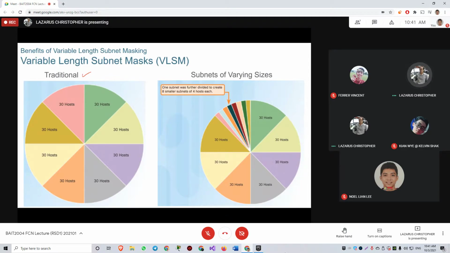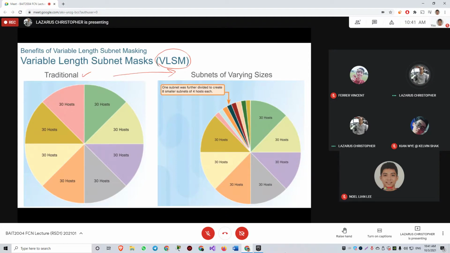So that's why, from traditional subnetting, we learn about varying the number of hosts per subnet. That means the size of the subnet, if we say the size of the subnet is represented by the number of hosts inside that subnet, so we can say the subnets we want to create using VLSM are different sizes.